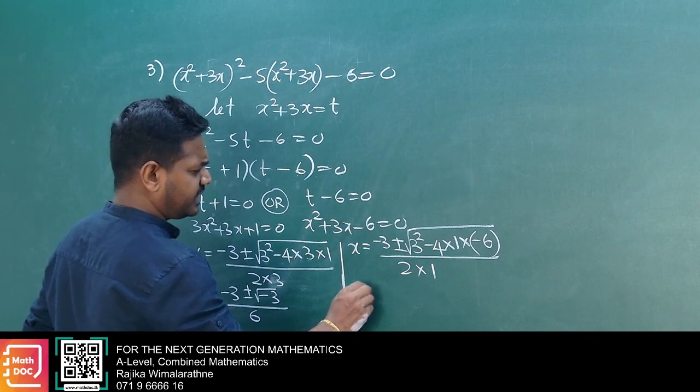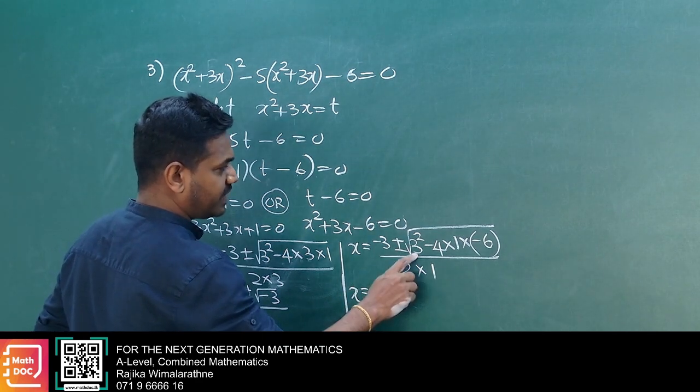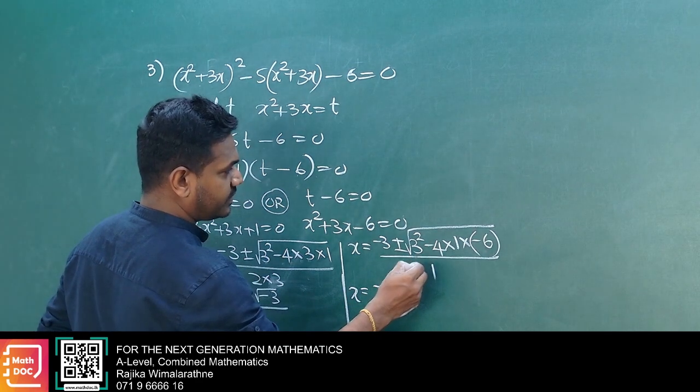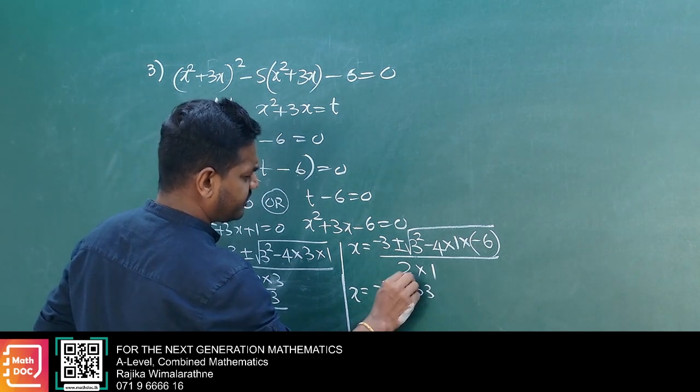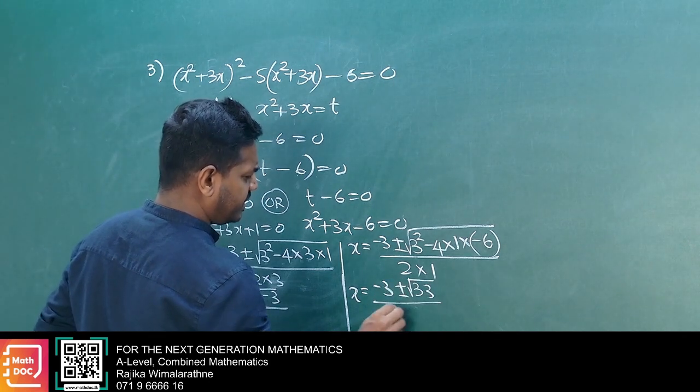Here x equals minus 3 plus or minus root of 9 plus 24, that is root 33, divided by 2.